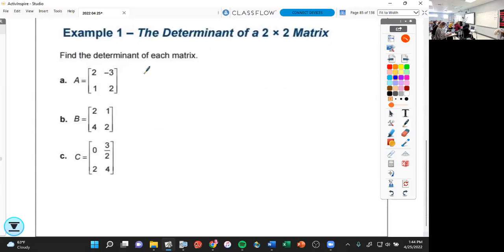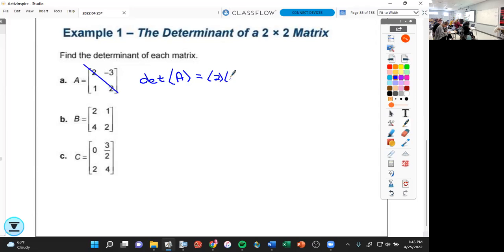Letter A, I want to calculate the determinant of A. I won't put those in parentheses like they do. The determinant of A. Okay, tell me. Subtract it from the up diagonal. No, not subtract it from. You just subtract.